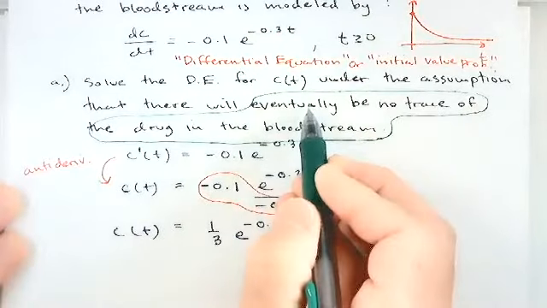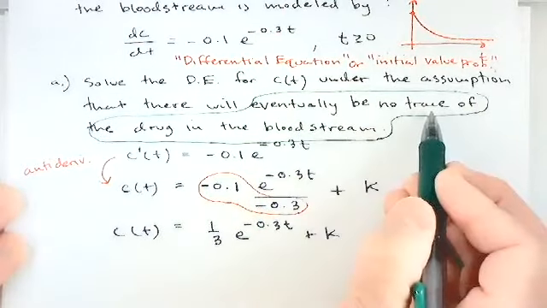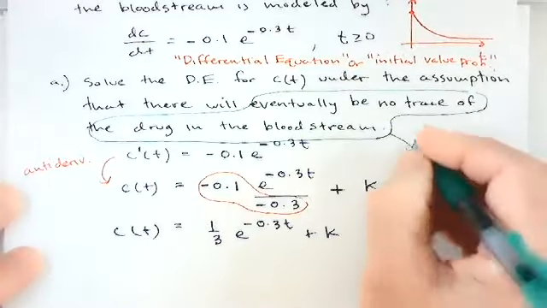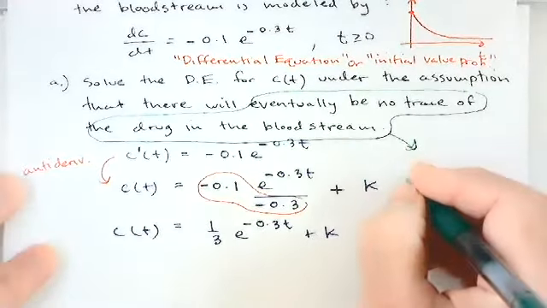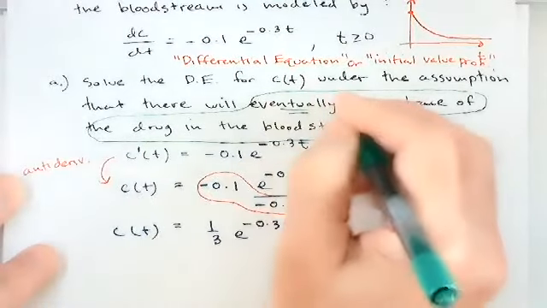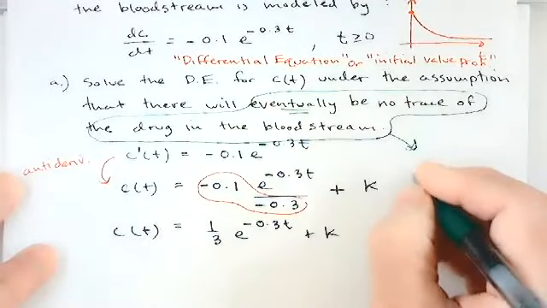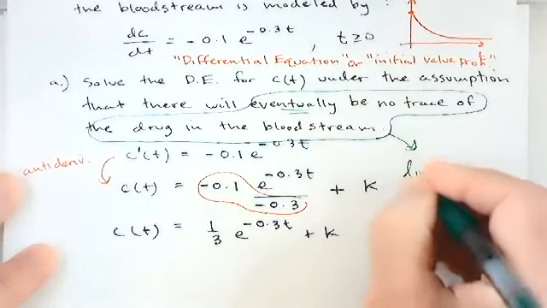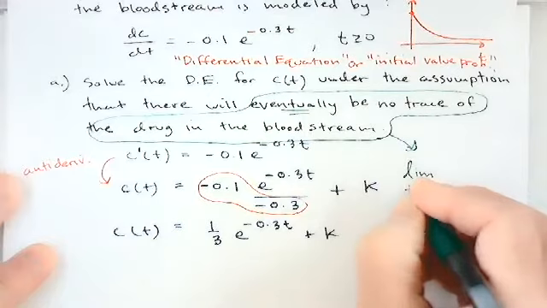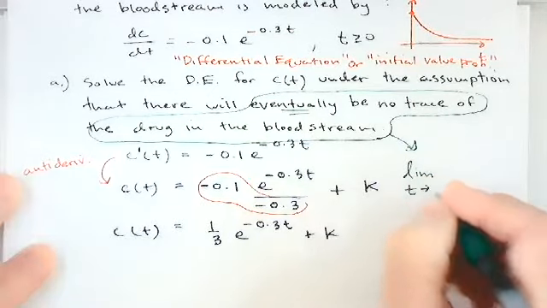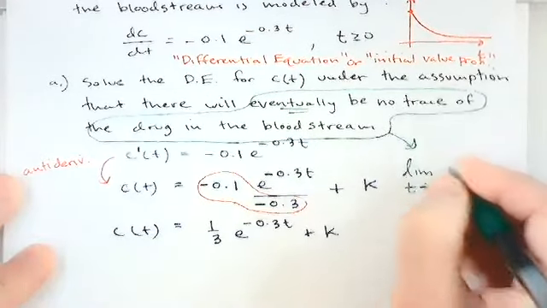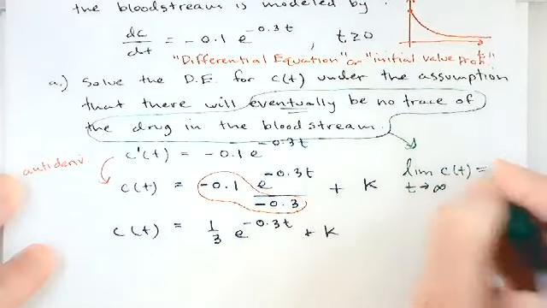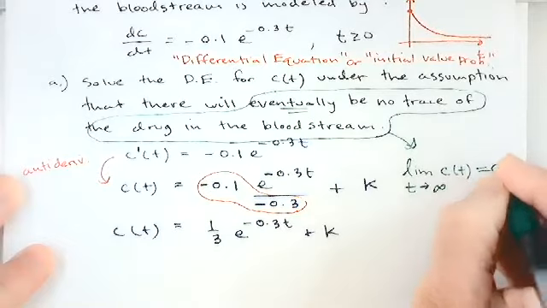If we know that eventually there's going to be no trace of the drug in the bloodstream, what that's basically telling us is eventually, meaning in the long run, right? That's like over a long period of time. So that basically could be interpreted as the limit as t approaches infinity of the concentration of the drug eventually is going to come out to be 0.